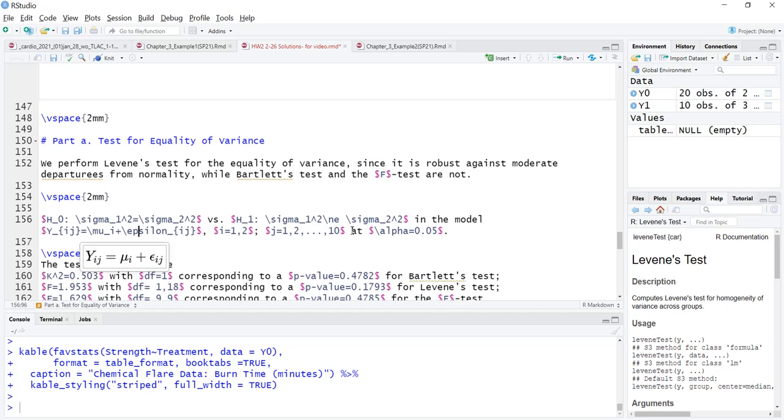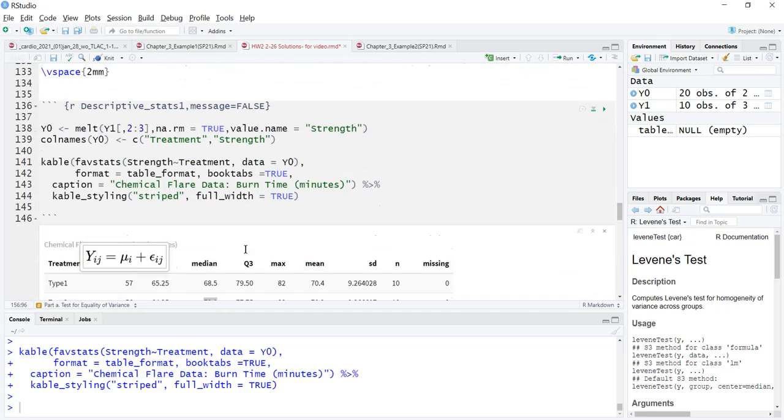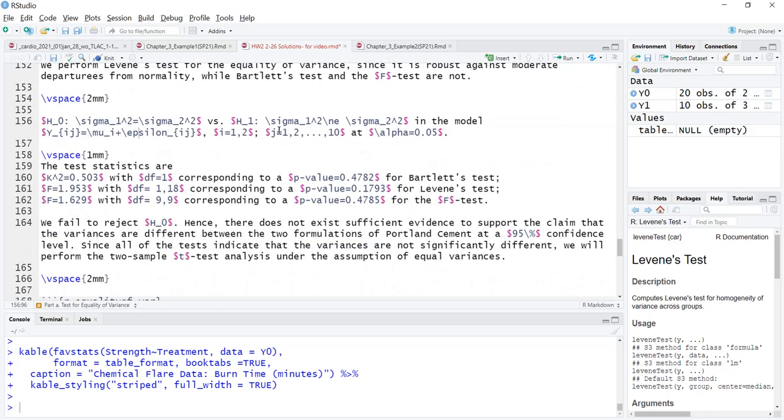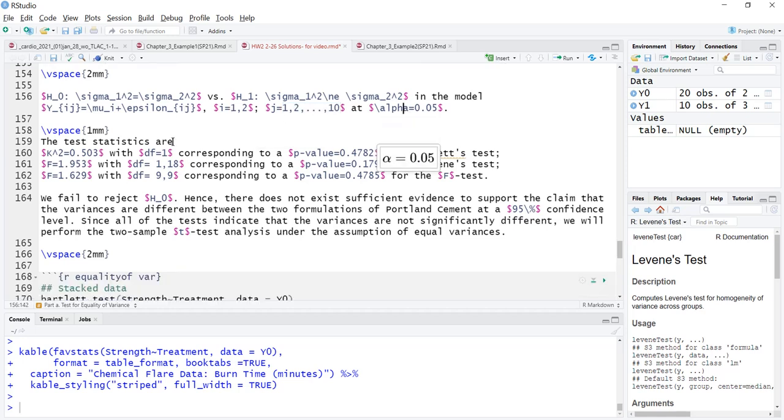There are 10 observations we can see, so that didn't need to change. This is a 2 sample thing, and then I have 10 in each. So that can stay the same, and by default we're going to use 0.05 unless they tell us not to. So this statement is fine.